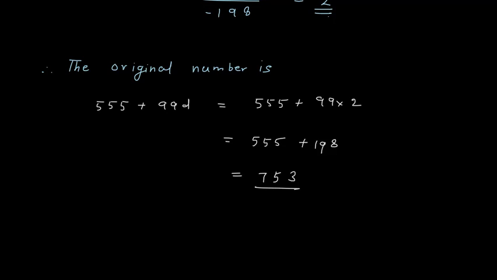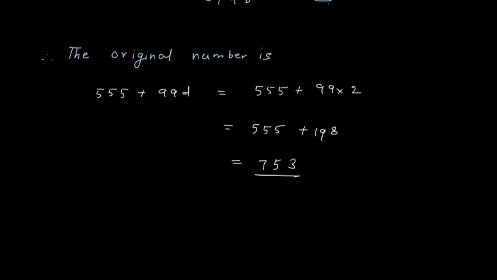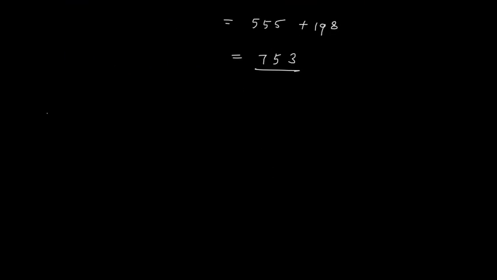You can easily check by subtracting 357 from 753 and checking the difference. So let us write the check: 753 minus 357. 13 minus 7 is 6, then 14 minus 5 is 9, then 6 minus 3 is 3, so 396.